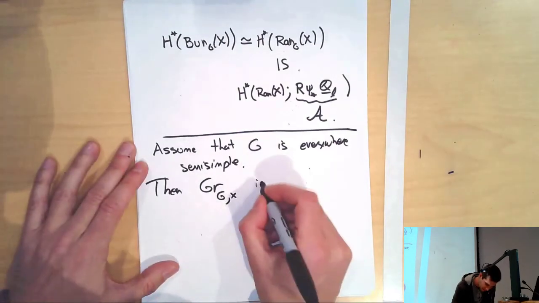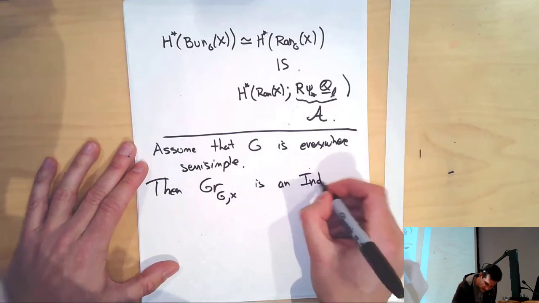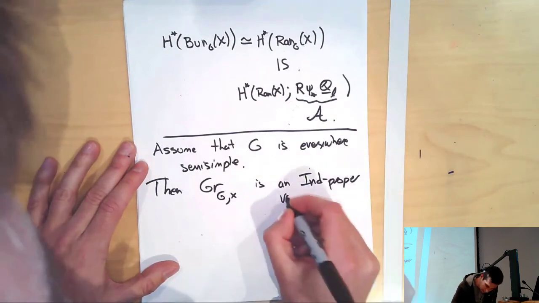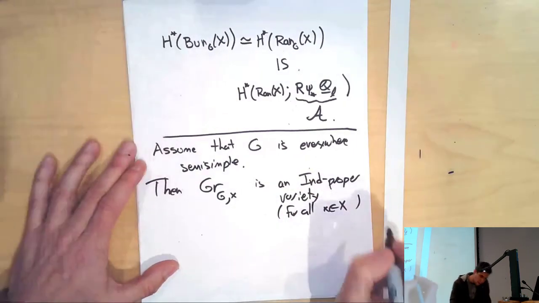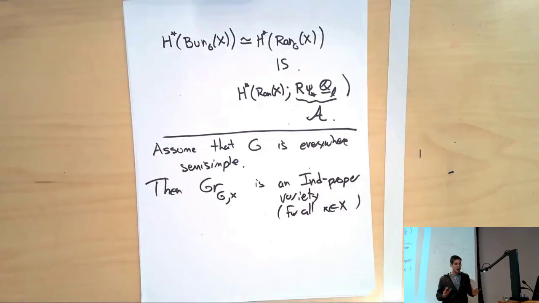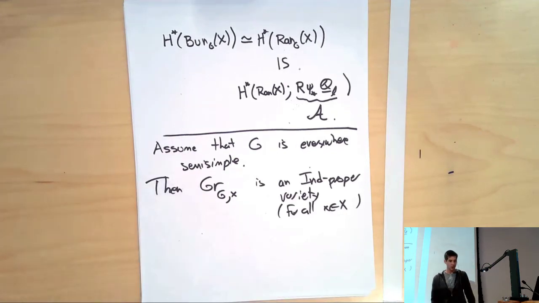This is, let's say, an ind-proper variety, for all x a point in X. So what I mean is it's something that you can write as the direct limit of a sequence of projective algebraic varieties where the transition maps in that sequence are closed embeddings. So it's like an infinite dimensional projective variety. So an example of something like this would be infinite dimensional projective space given by the direct limit of finite dimensional projective spaces. That's a rough model for what these things look like.